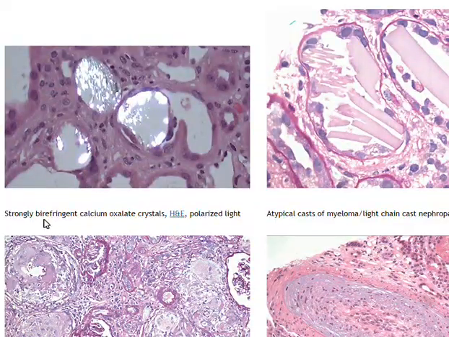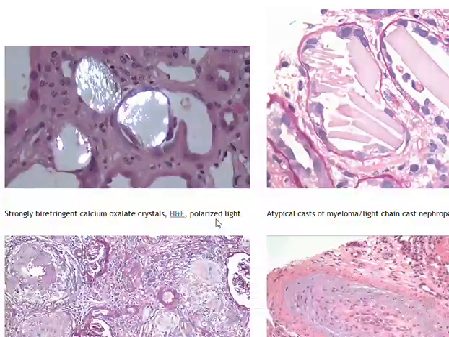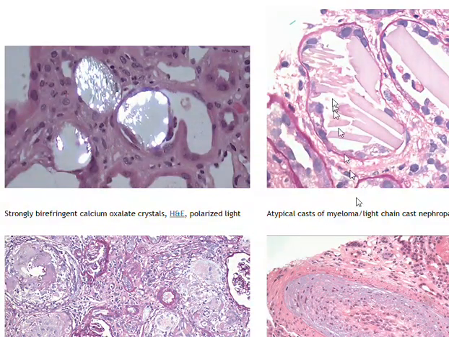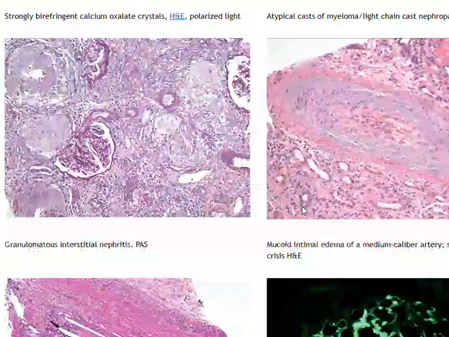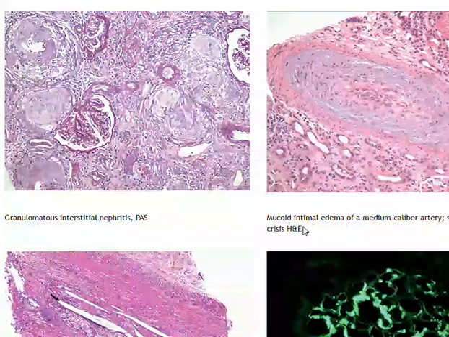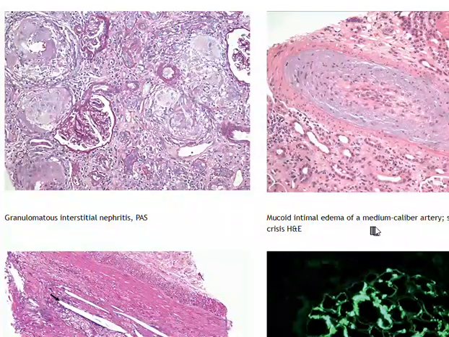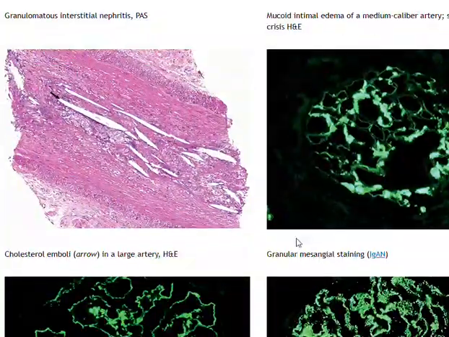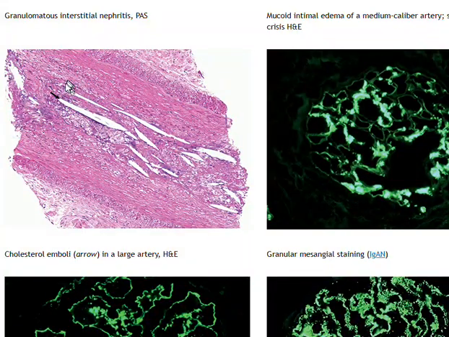And then here we see strongly birefringent calcium oxalate crystals on polarized light, a atypical cast of myeloma, light chain nephropathy inside the tubules.